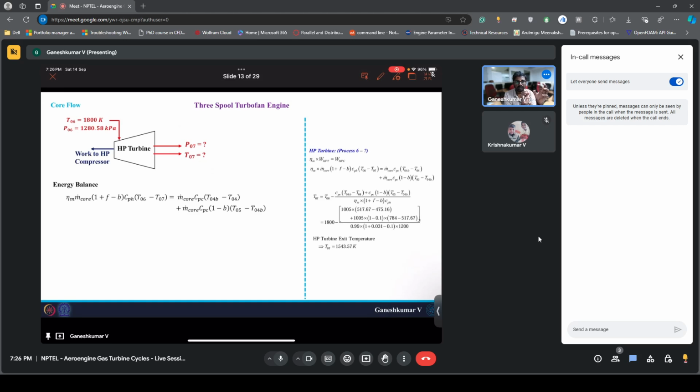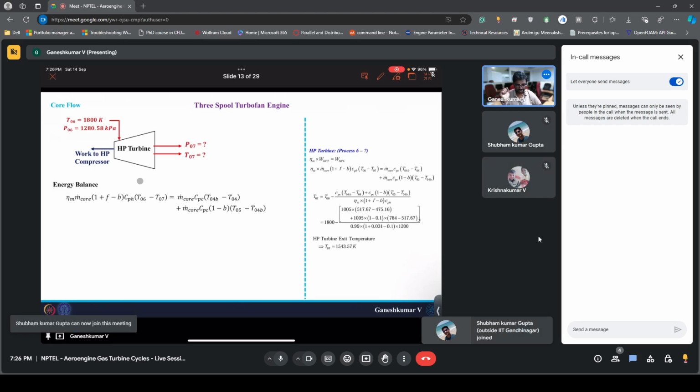After that, a lesser mass flow rate is compressed from T04B to T05. So that's why we see two separate terms on the right hand side. This is the work required by the HP compressor. This is the work done by the HP turbine. Okay, so this is the major difference. The only thing is the bleed ratio has changed.